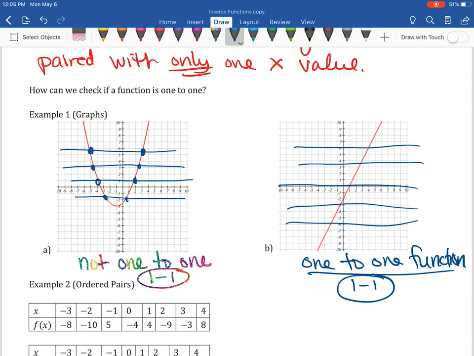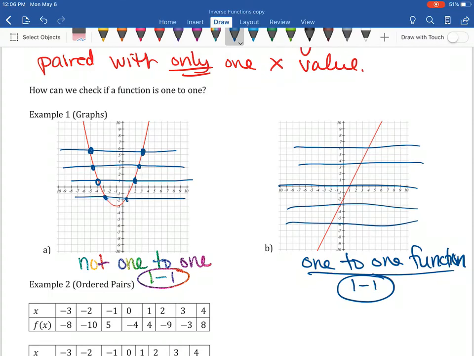Now, the reason why it's important to have one-to-one functions is because if you have a function that is not one-to-one, when we go to find the inverse of that function and we switch the x's and the y's, then that might give us more than one y for each x.